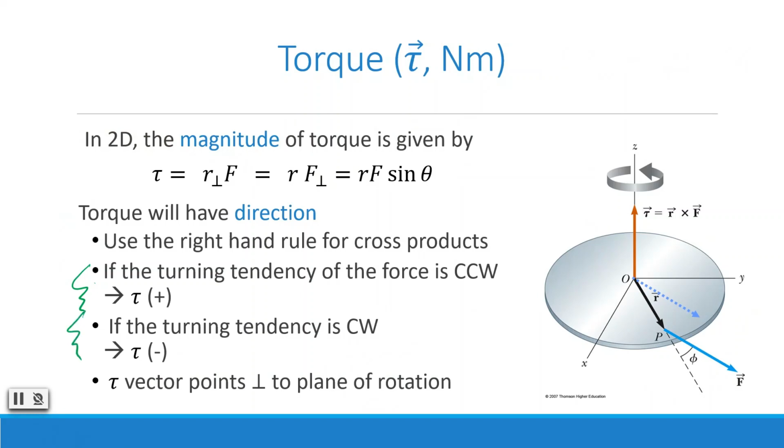It's going to be negative if you have clockwise. You can use the right-hand rule to prove that. So even though technically the torque doesn't point clockwise or counterclockwise, if you think of counterclockwise as being positive torque and clockwise as being negative torque, you'll work out fine. But that torque is always perpendicular to the plane of rotation.